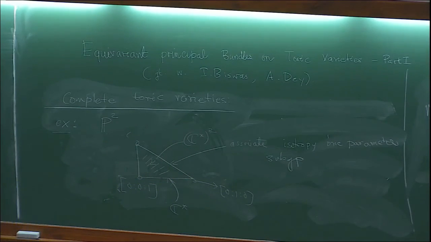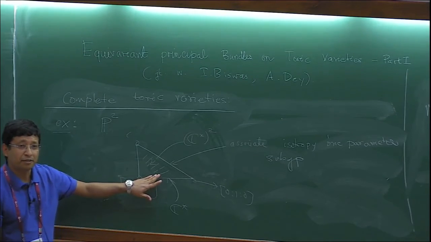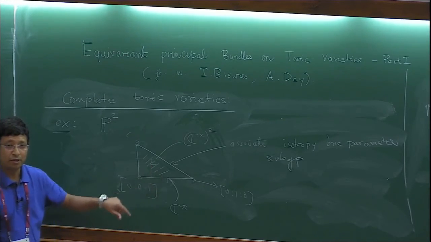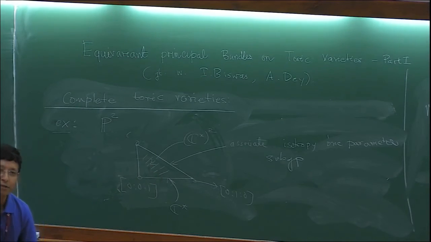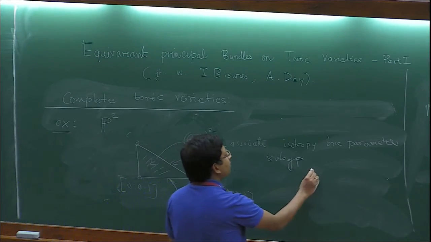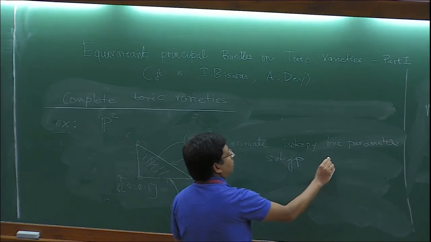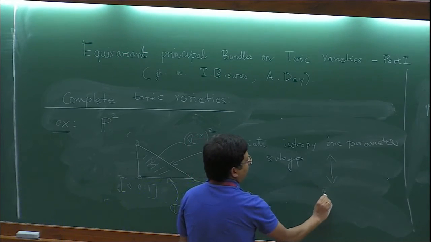For 1 parameter subgroups, you see the characters are discrete. There's some lattice, Z2 here, and the dual lattice is the 1 parameter subgroups. So these 1 parameter subgroups, you can identify with elements.